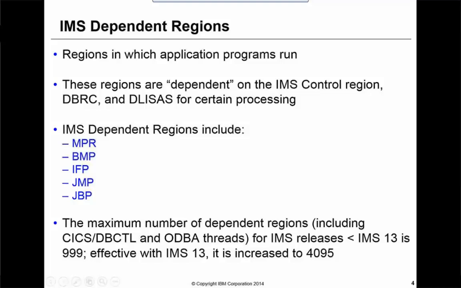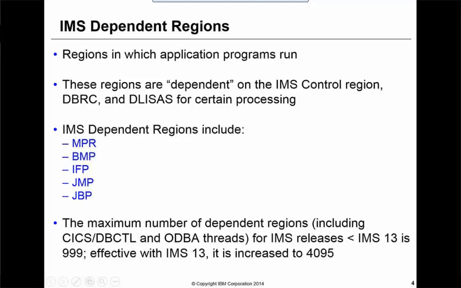There are different types of dependent regions. There's MPR, which is message processing regions. There's BMP regions. There's IFP regions. There's JMP regions. There's JBP regions. So we're now going to spend some time and talk about what the differences are between these different types of regions.